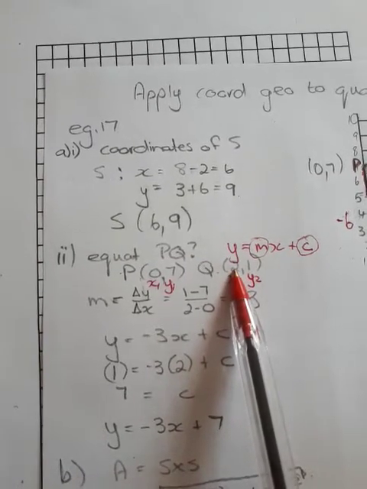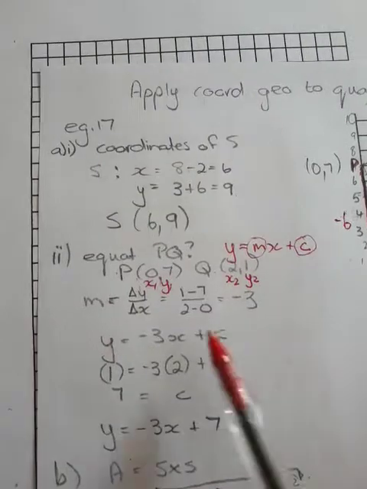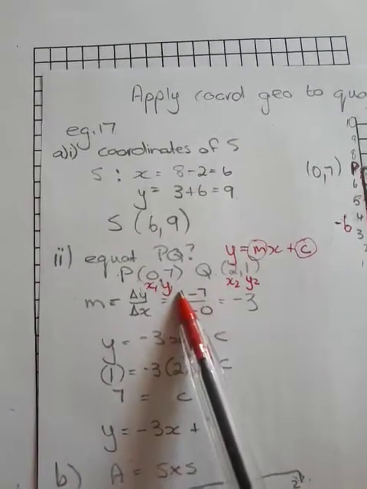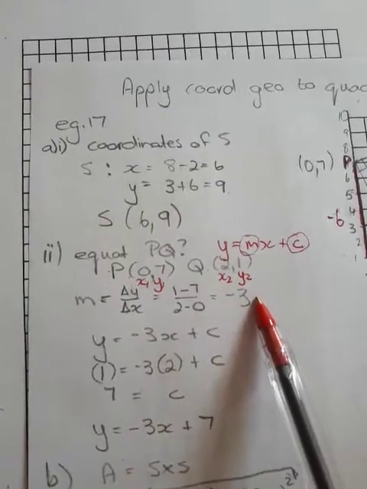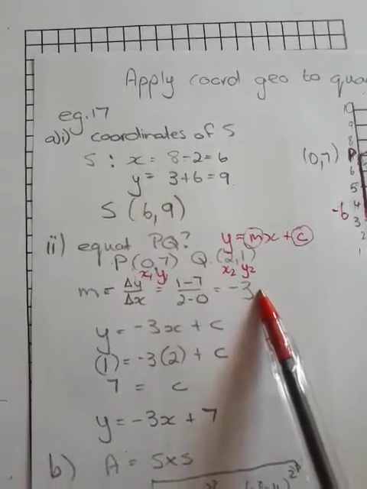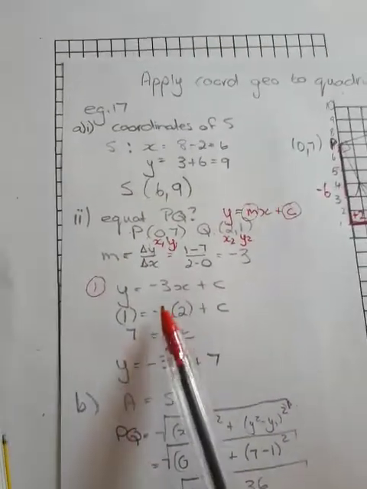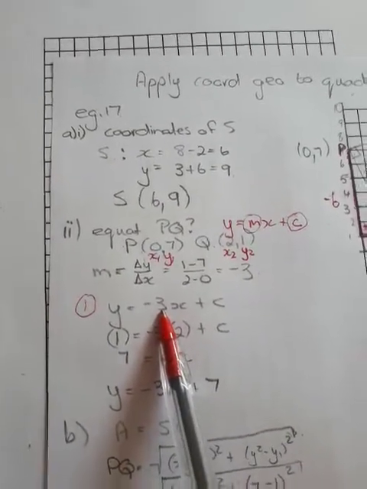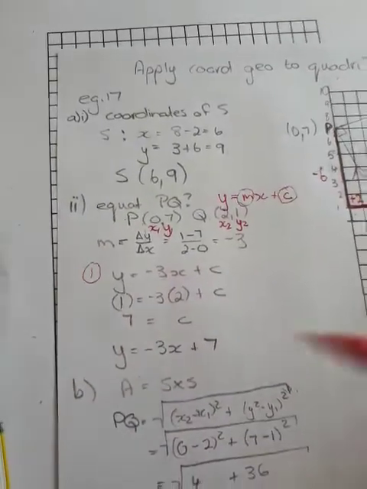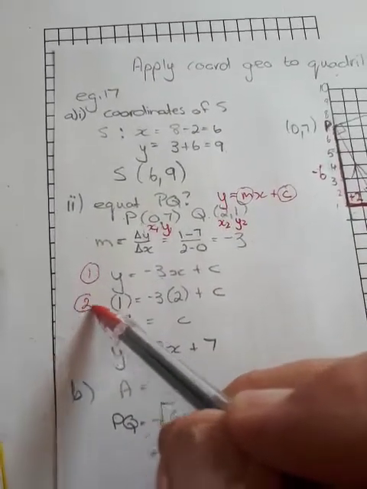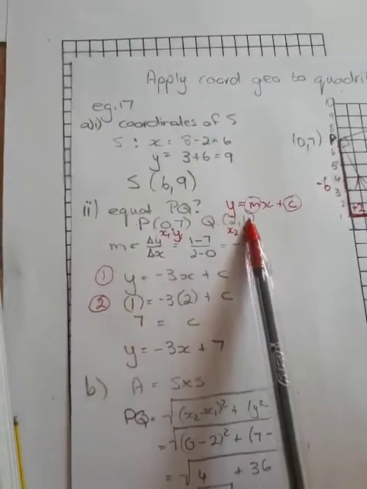You must also start with 2 minus 0. If you then calculate this, which is (1 minus 7) over (2 minus 0), you get negative 3. So in step 1, as I taught you, you substitute the gradient m with what you have calculated, which is negative 3.